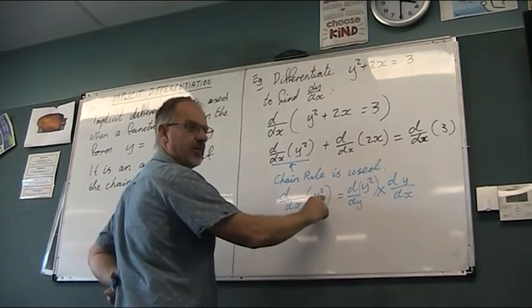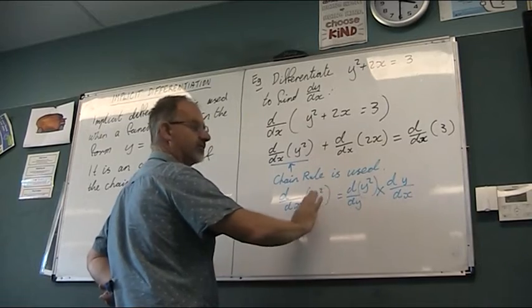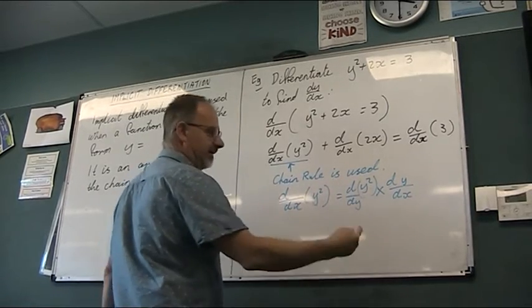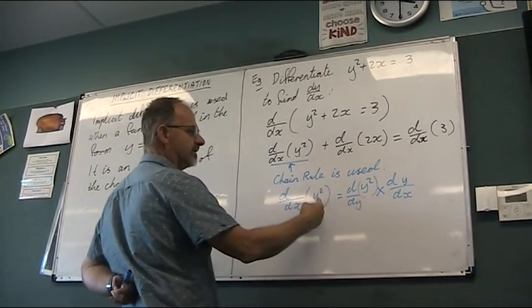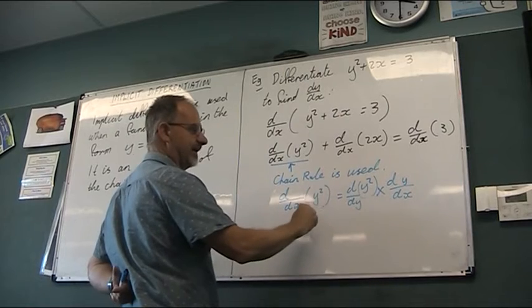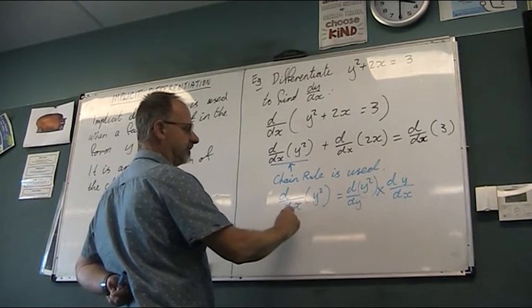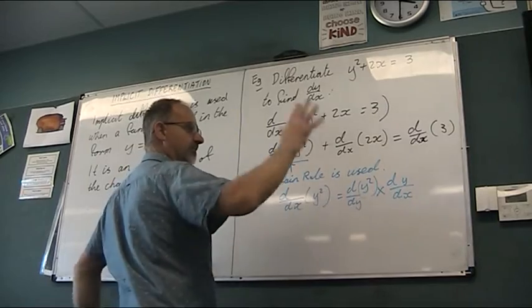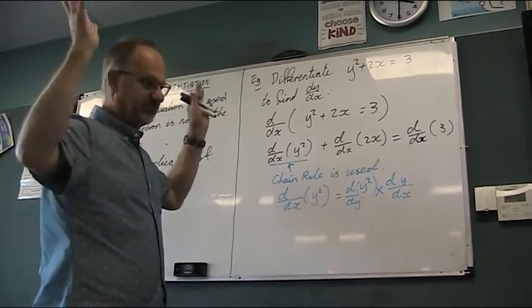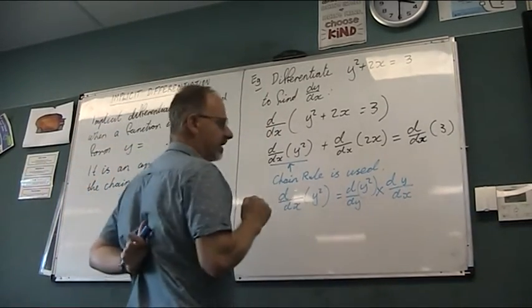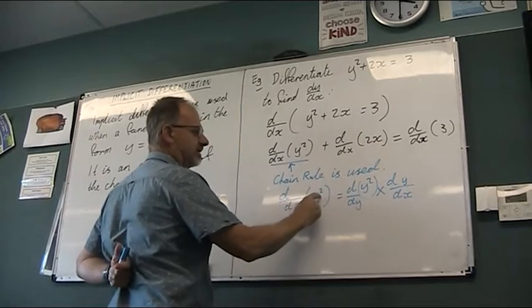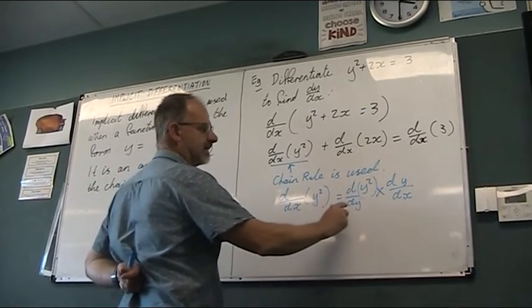And it's because we've got y squared here. If we just had straight y, then we wouldn't have to worry about using the chain rule, but because it's y squared, as far as x is concerned, y could be a number, but we know y is not, so we can't differentiate y itself with respect to x.